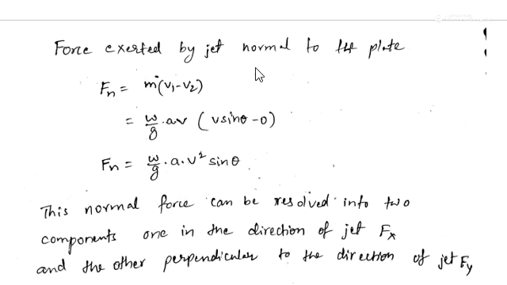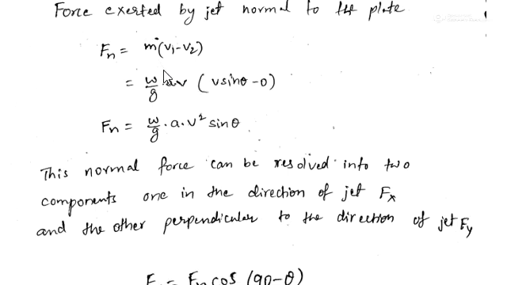Here we can write the general formula. We know the force exerted by the jet on the plate is m dot into V1 minus V2, where V1 is the velocity of the jet before striking and V2 is the velocity of the jet after striking. This is the general formula we know. So here we are taking the force exerted by the jet normal to the plate, so you can write Fn, and V1 and V2 are the initial and final velocity of the jet normal to the plate.